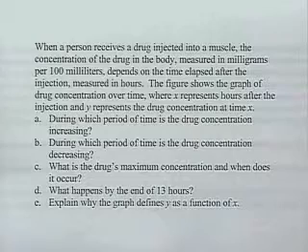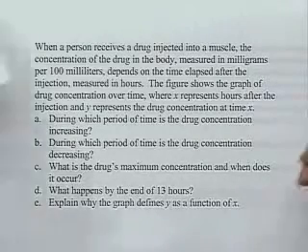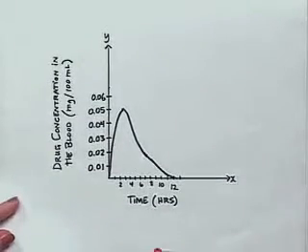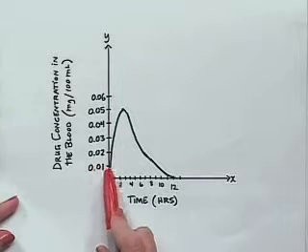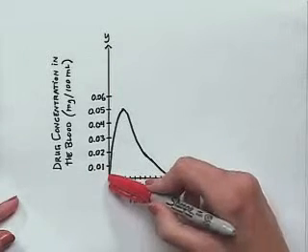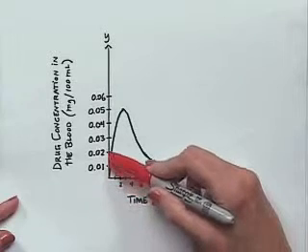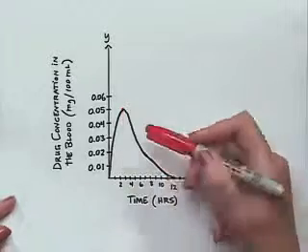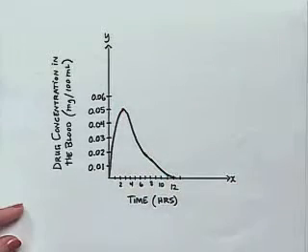Part A, during which period of time is the drug concentration increasing? Well, let's look back at our graph. We read a graph just like we read words in a book. What I mean by that is we're going to read the graph from left to right. As we take our pen and trace along the graph, we can see that we're having to move upward. This section of the graph, until I get to this highest point, would be considered a section which is increasing.